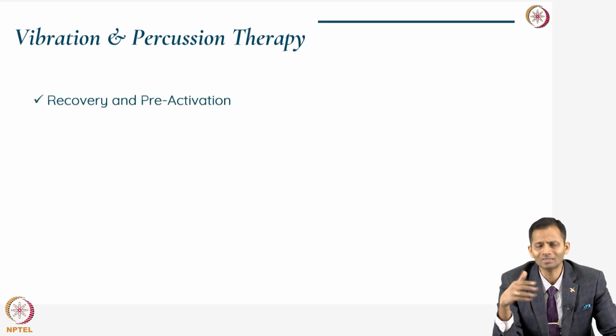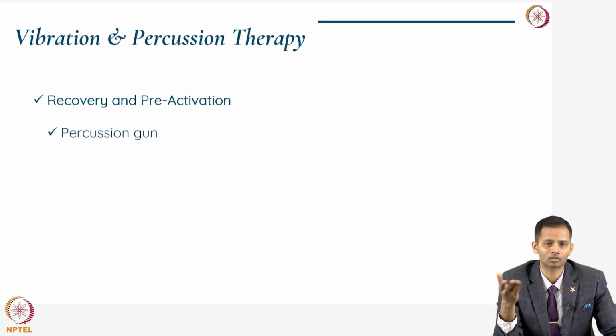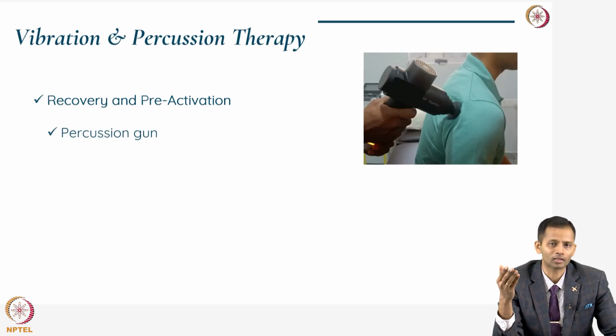This is mainly used in recovery, and it is also used in pre-activation, to improve the performance or neuromuscular facilitation as well. The percussive gun is a commonly used modality wherein the vibration or the percussion can be used to address a region of specific stiffness or taut band.